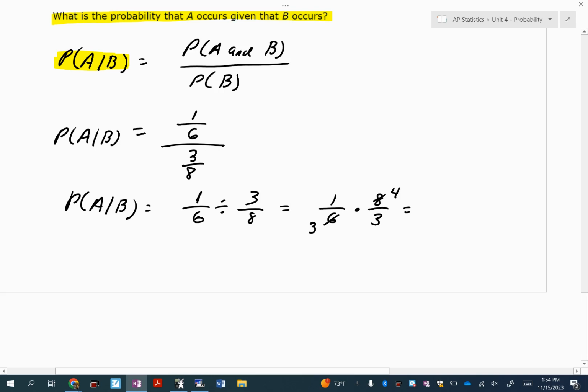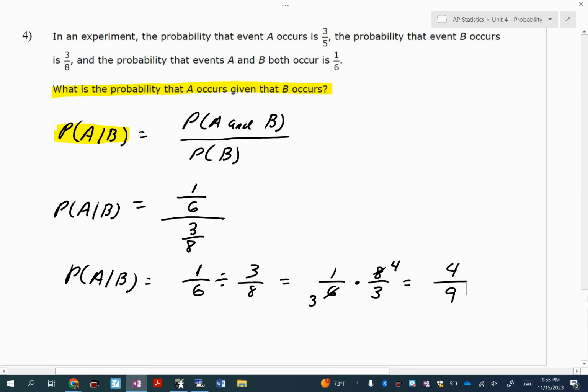Now you can multiply straight across and get 4/9. Could you have multiplied straight across to get 8/18? Absolutely, but is 8/18 reduced? No, you do need to reduce 8/18 then to get 4/9. I don't care which way. I teach my children to see if you can reduce diagonally first before you multiply across. It'll save you headaches in the future. So we have to reduce.